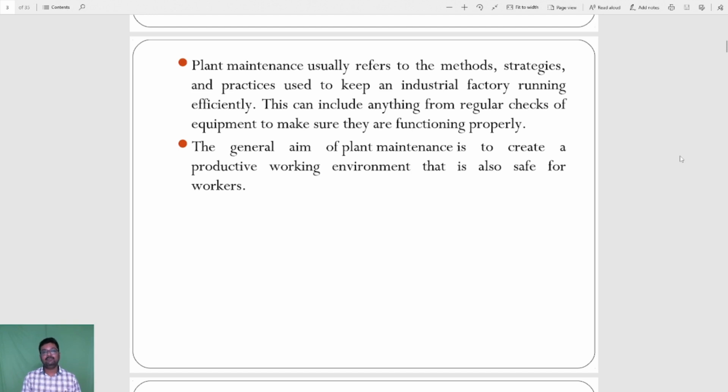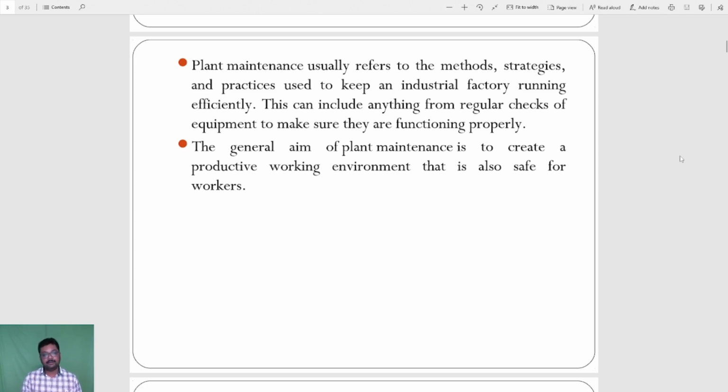Based on the running, we give the maintenance. Then our car engine requires service after 15,000 or 20,000 kilometers. After that, we need to change the brake oil, engine oil, coolant oil, and check all the accessories.